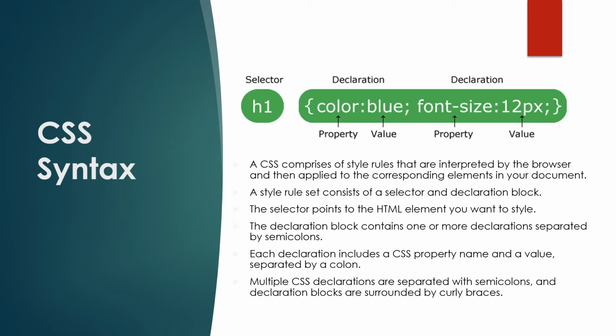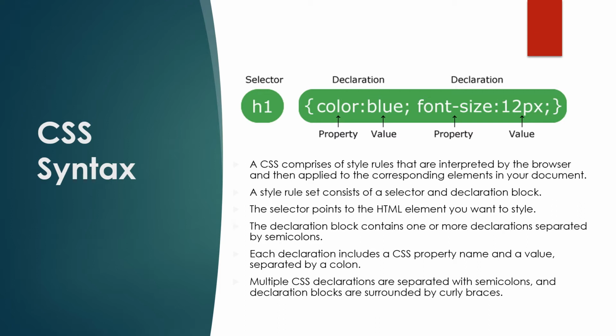Here the selector is H1 element, meaning I am applying style to this HTML element. The declaration block contains one or more declarations separated by semicolons and should be surrounded by curly braces.